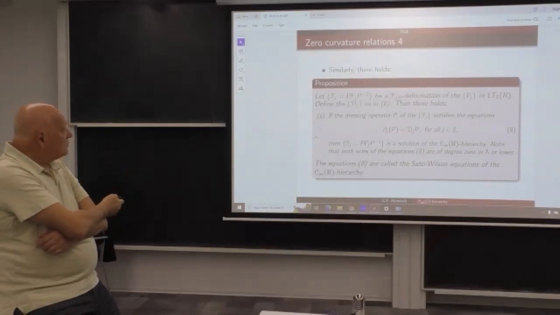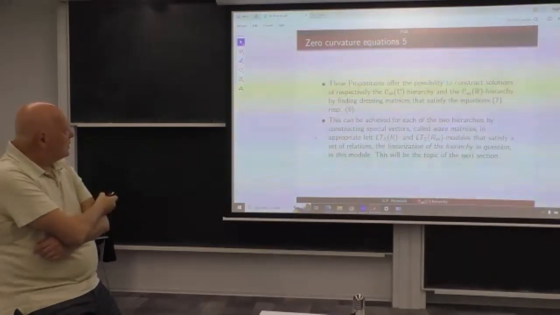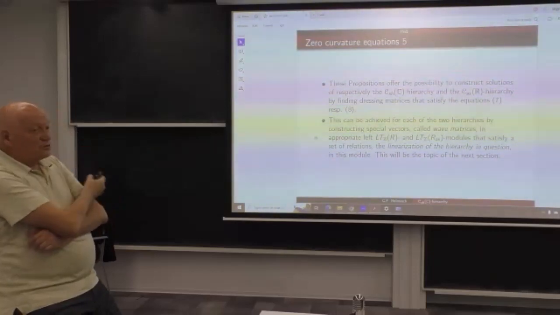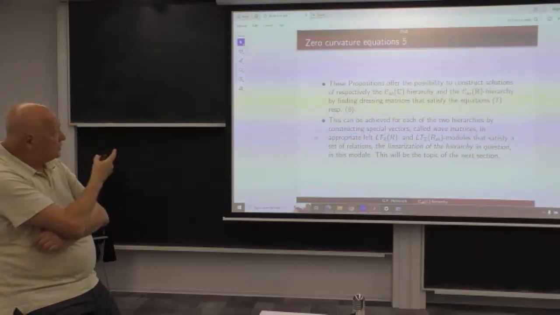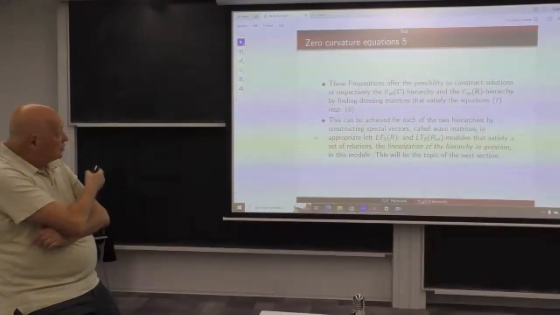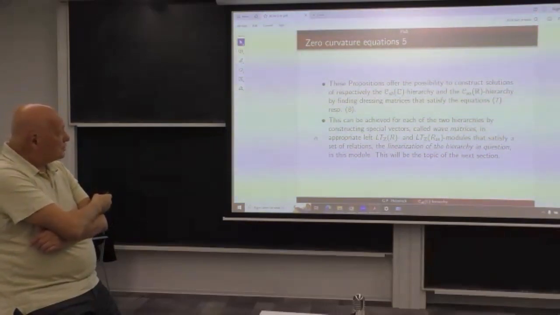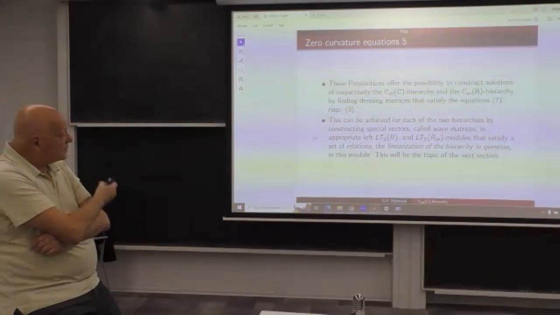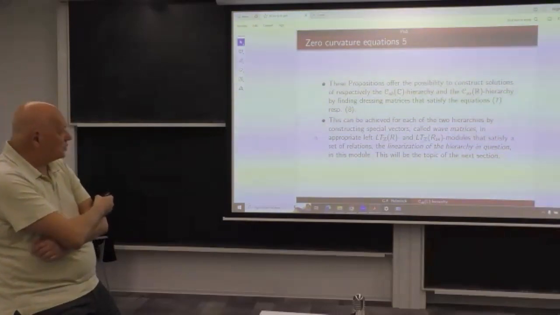So this proposition gives you an idea of how to construct solutions of this hierarchy. You have to find dressing matrices that satisfy the equation 7 or 8.